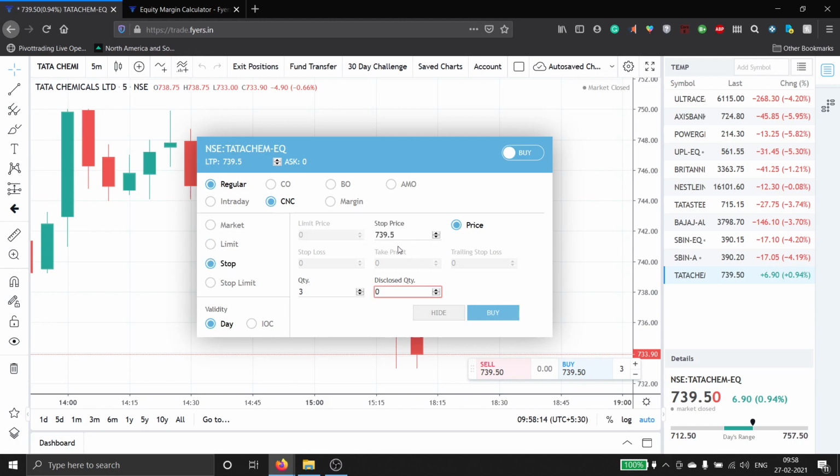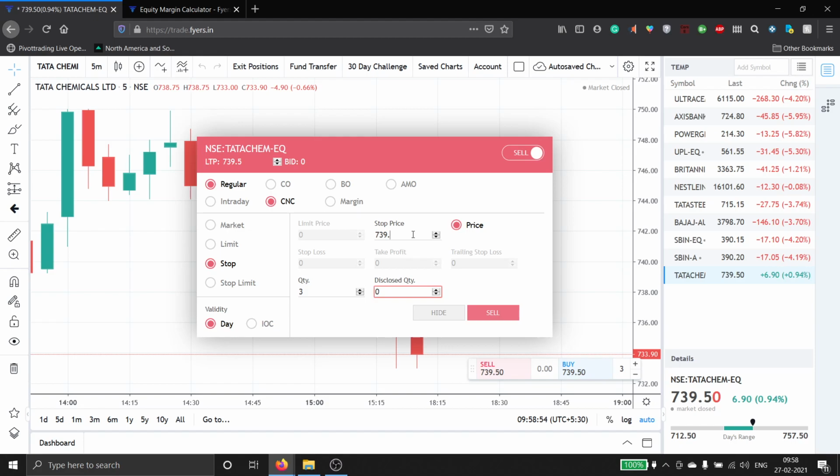But if you use stop, by any chance you have some stocks in your account and you want to sell them, or you are short by 2 stocks and you want to buy them, then you can use this. So what is stop? Consider you have bought 1 stock at 739.5 rupees. Now you want to sell it at lower than this.